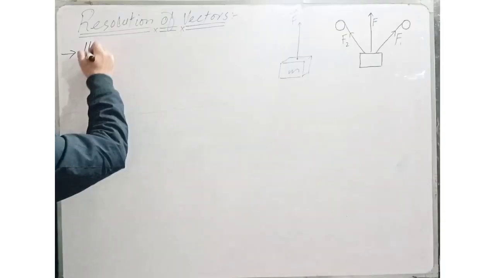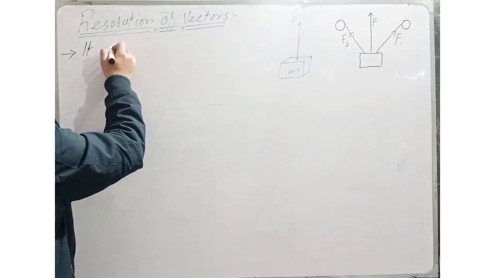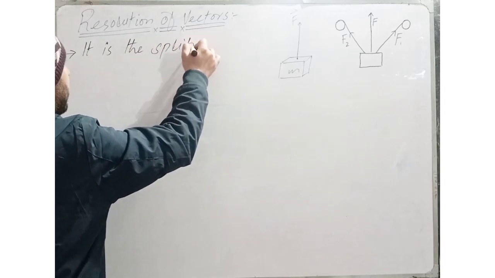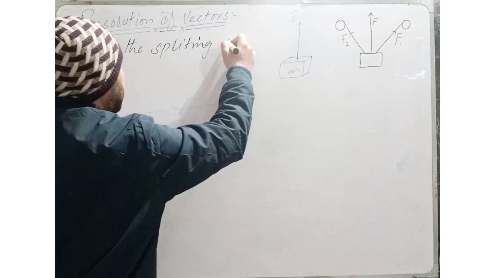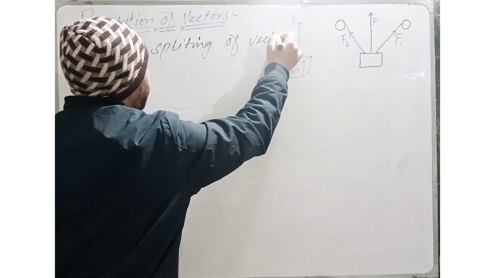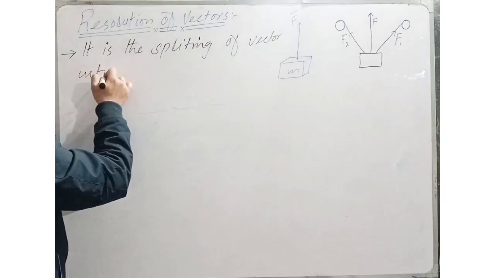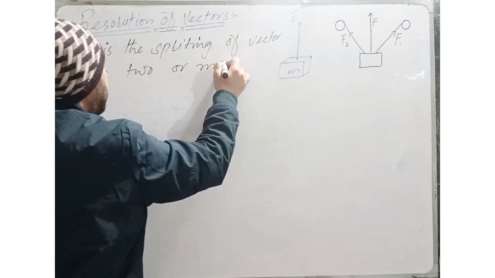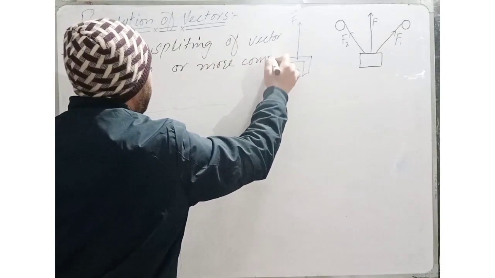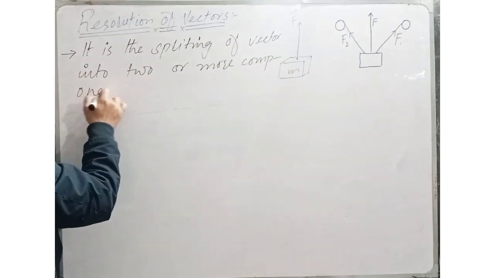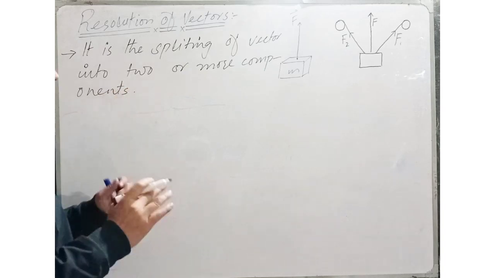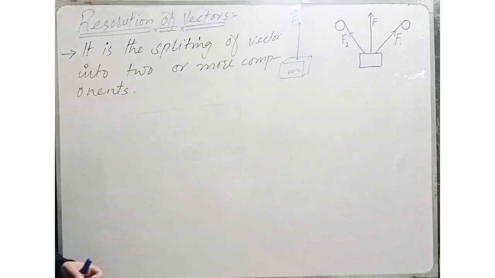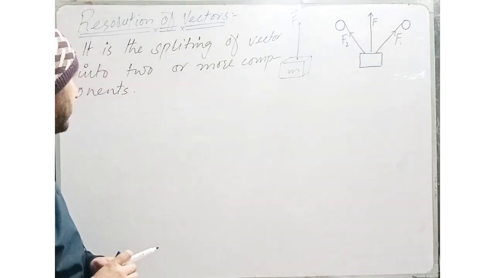It can be defined as the splitting of a vector into two or more components. So if we can split or break a vector into two or more components, that process is what we call the resolution of a vector.